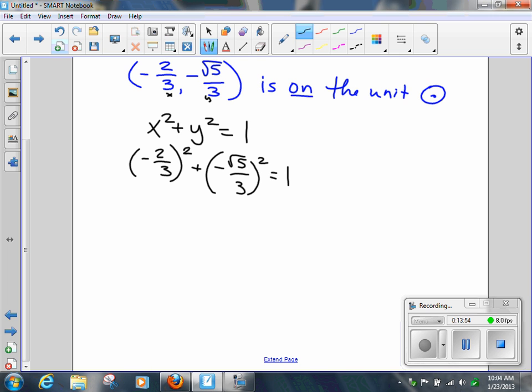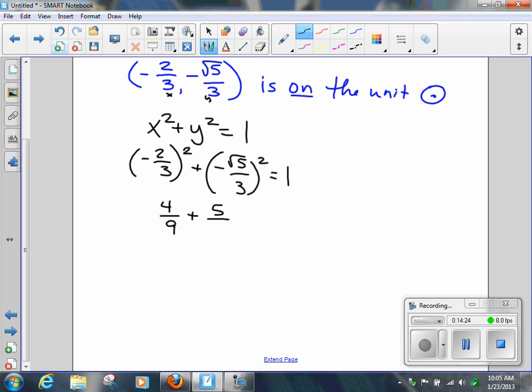Negative 2/3 squared is positive 4/9. You do not need a calculator for this. Use your noggin. Negative root 5 squared is plain old 5, because the square root of 5 times the square root of 5 is the square root of 25, which is actually plain old 5.